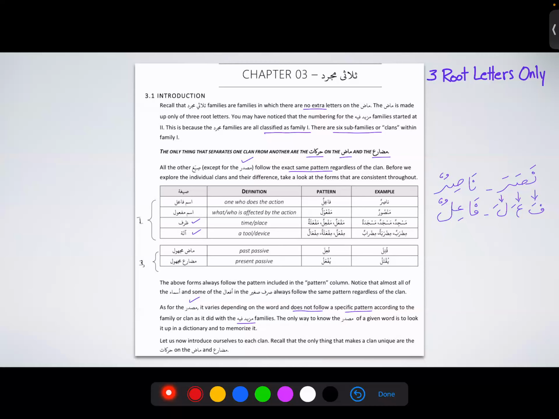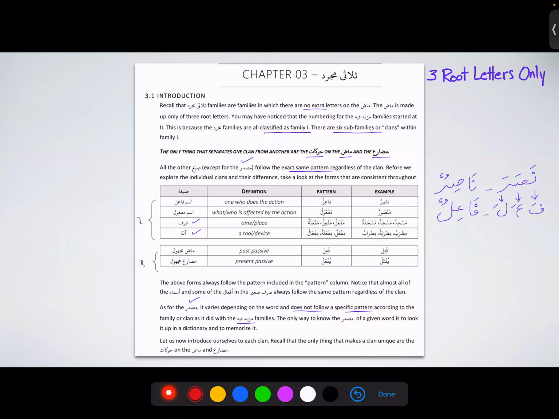Even though we are calling it family 1, this family has sub-families. So 6 clans. And Alhamdulillah, we talked a lot about them and you are familiar with them. And how are we going to recognize these bab, these sub-families?